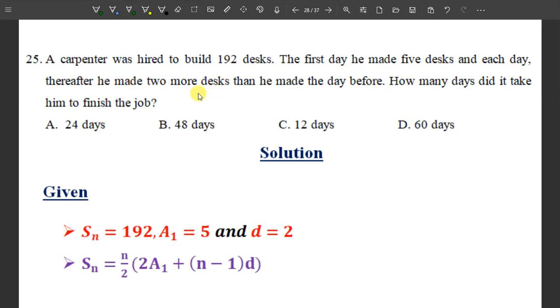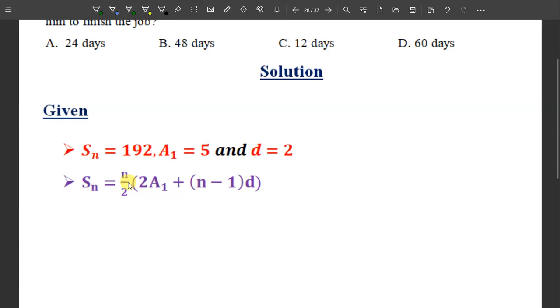And therefore here the difference between the number of desks he made each day is 2, and our d in this case is 2. And also we know the sum of the first n terms of an arithmetic sequence, don't forget this one: Sn is equal to n over 2 multiplied by 2a1 plus n minus 1 times d.